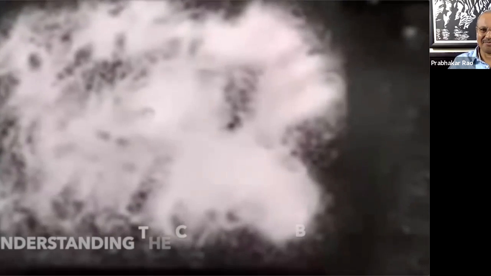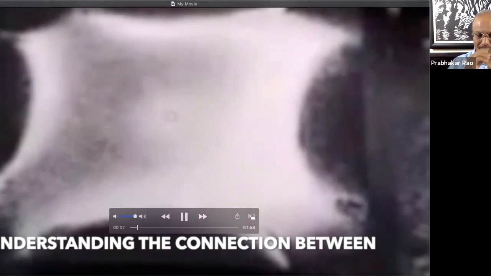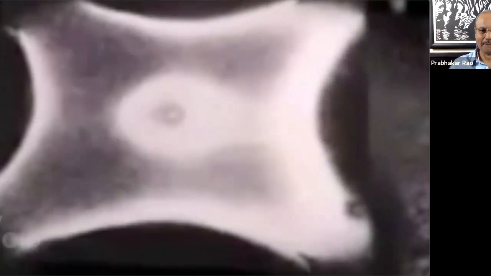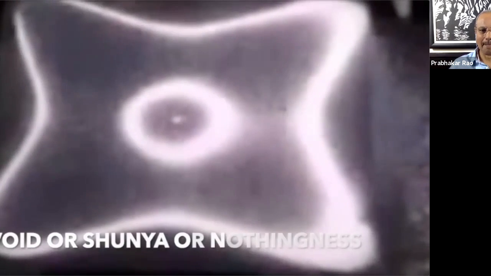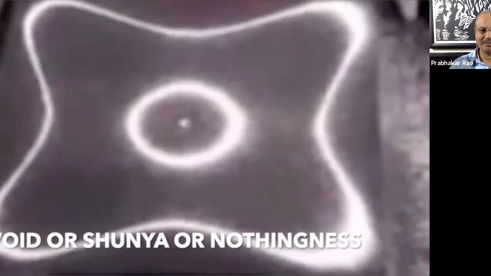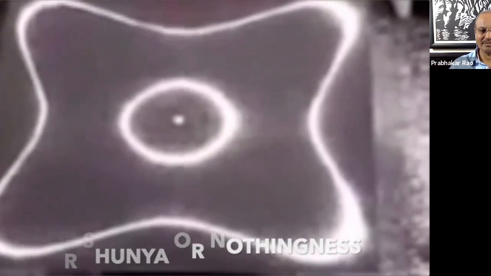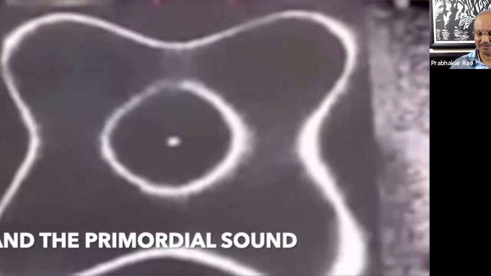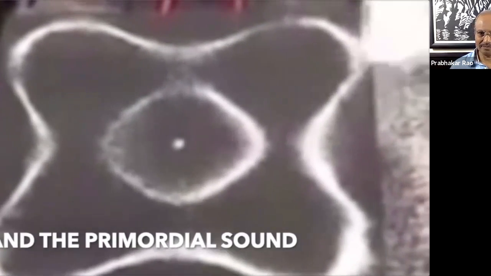And what you're going to see now are what happens to particles of sand and other various particles when a sound resonates across a plate and resonates those particles in tune with the sound. Because when we think, we're sending out a frequency outside of the range of human hearing, we're sending out a sound.